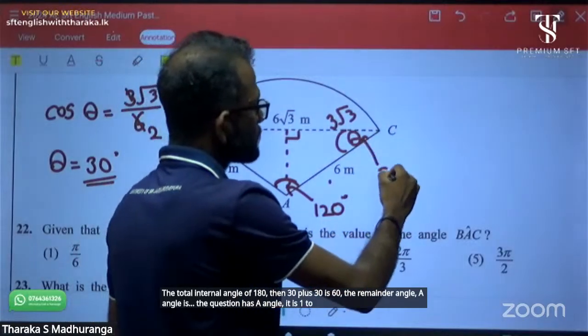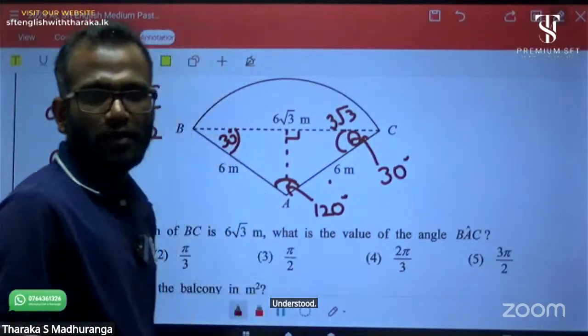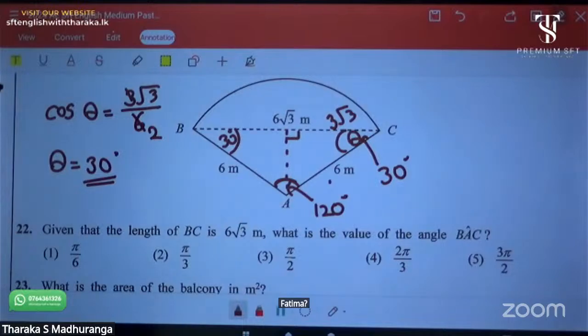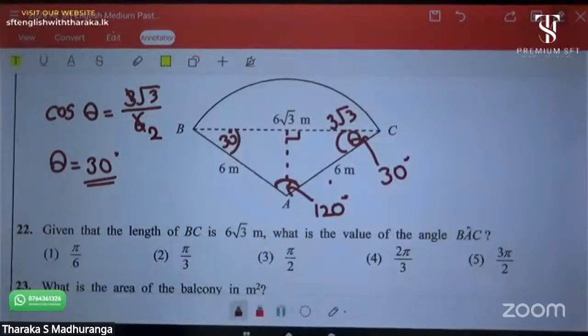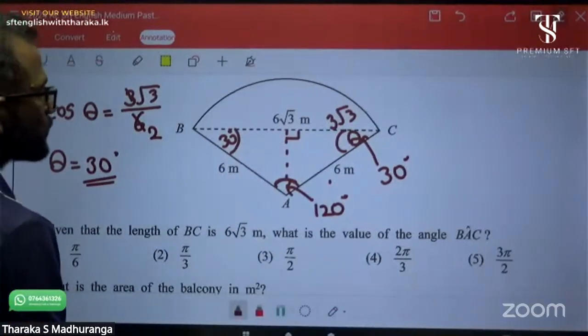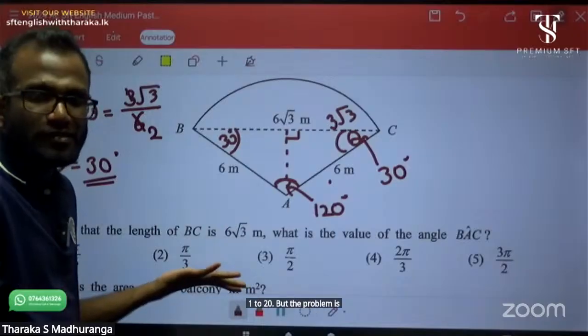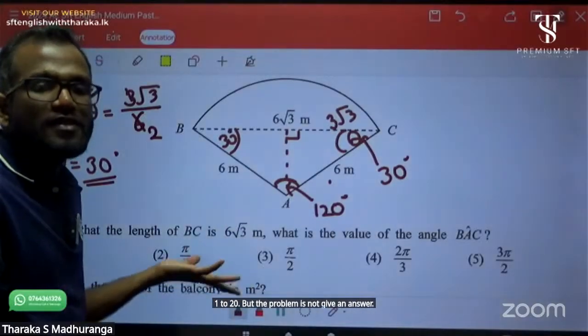Understood? But the problem is the answer is not given in degrees. The answer is given in radians.